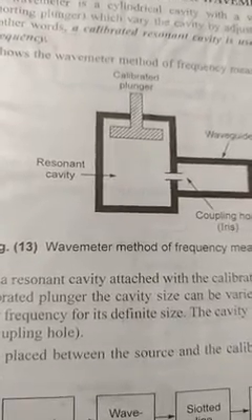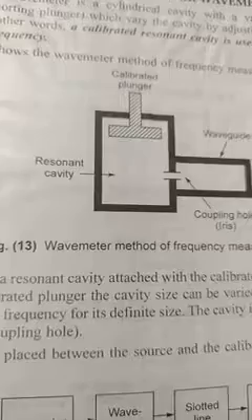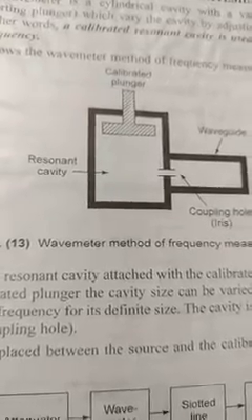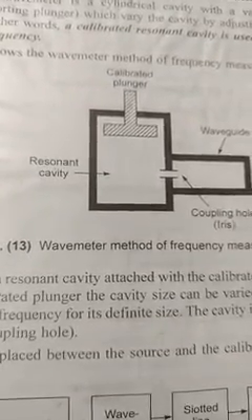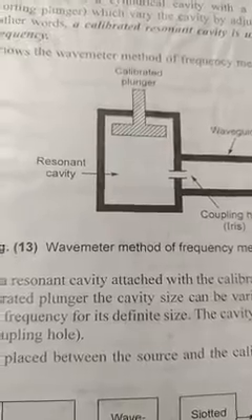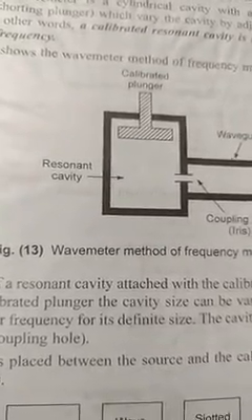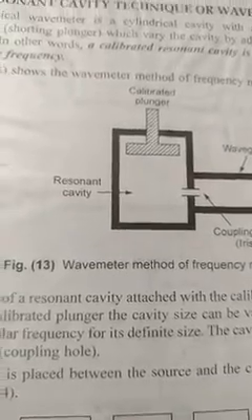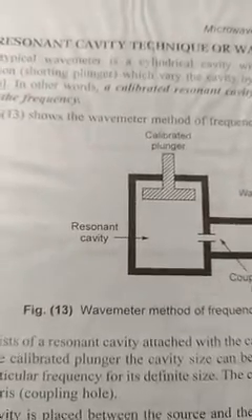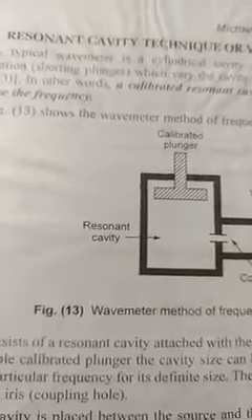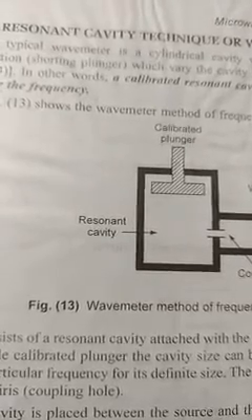We have to stop our tuning at that point and measure it. At that time the calibrated scale on the wave meter is to be read, and that point will give you the frequency of operation, or we can say the resonant frequency of the cavity.